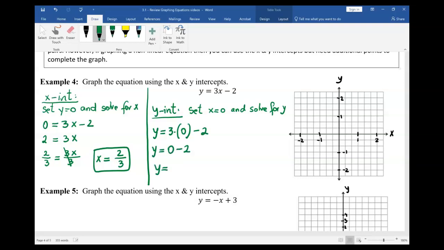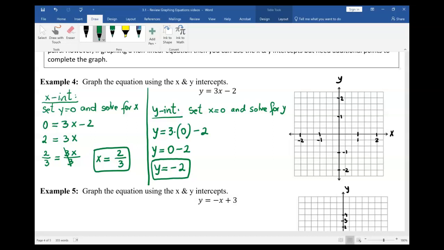The y-intercept is y equals negative 2. Let's plot these 2 points. For the x-intercept, we have the point 2 over 3 and 0. For the y-intercept, the point is 0, negative 2.